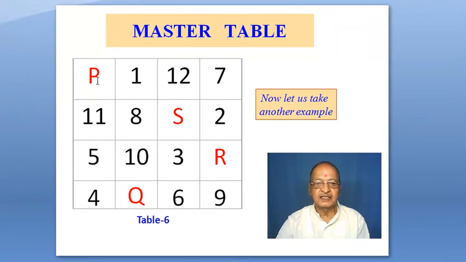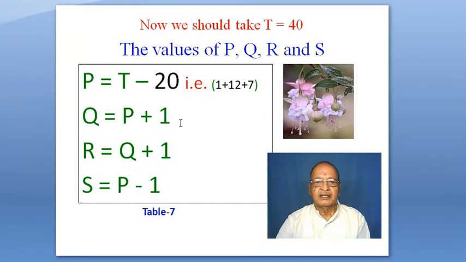You can rub the table drawn previously with sum 52. Write that thing in pencil, then rub it. Value of t is 40.